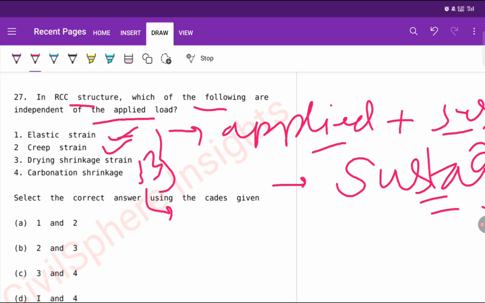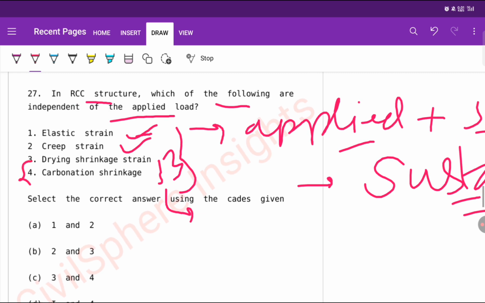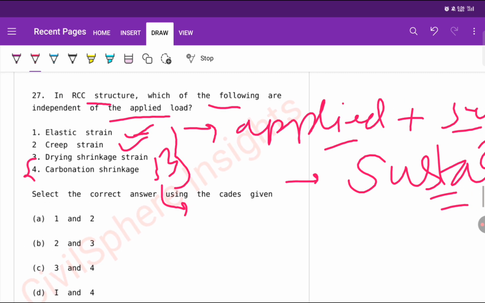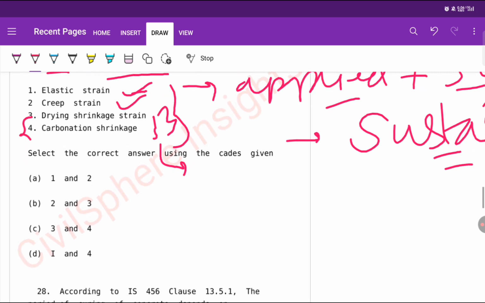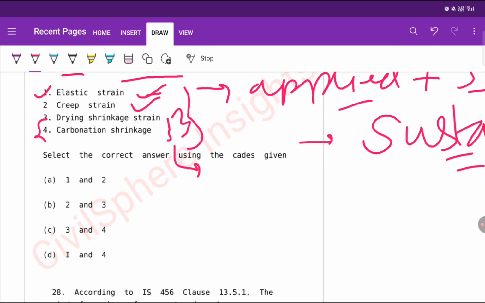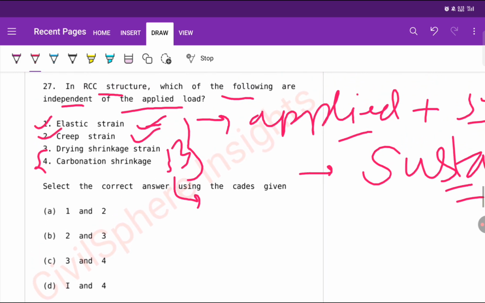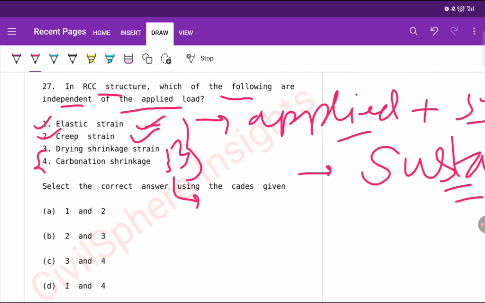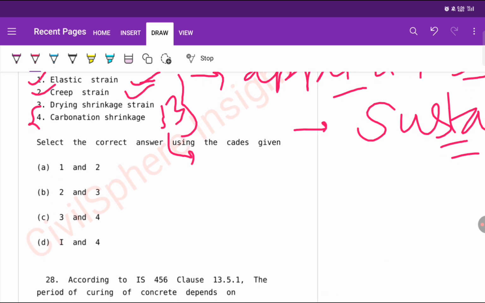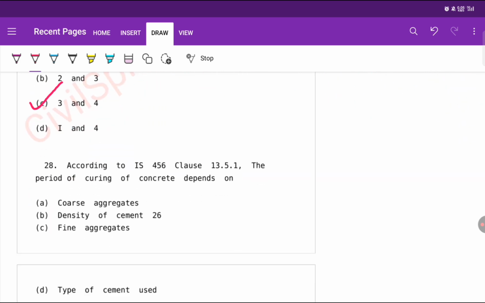So 3 and 4 are independent of load, while 1 and 2 are factors of applied load. So option C is the correct answer, 3 and 4.